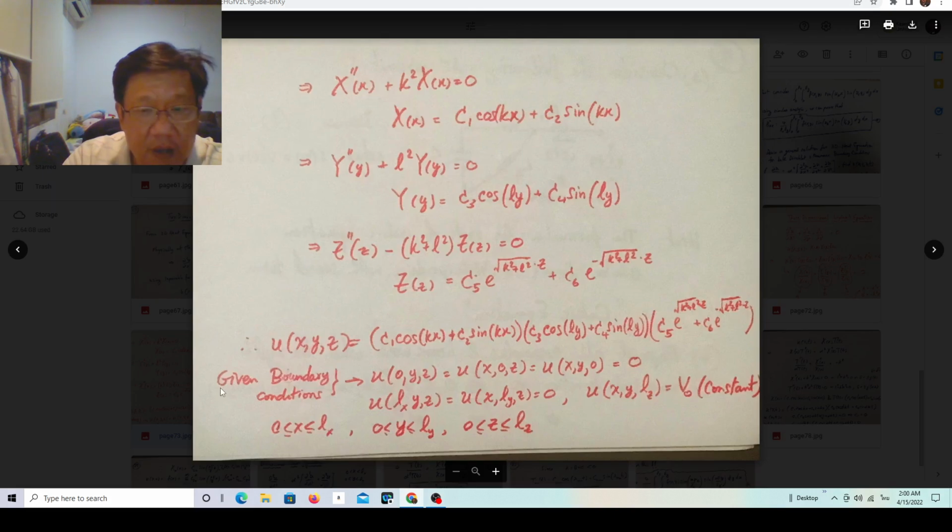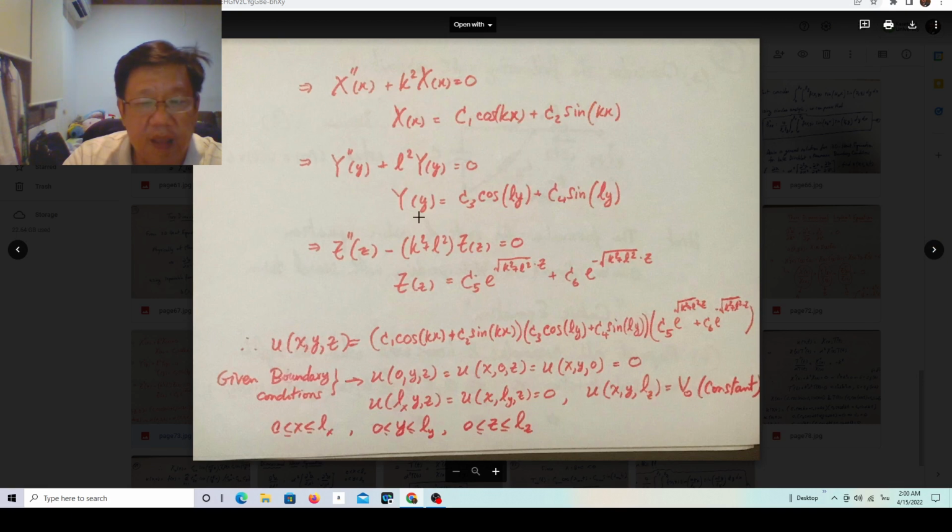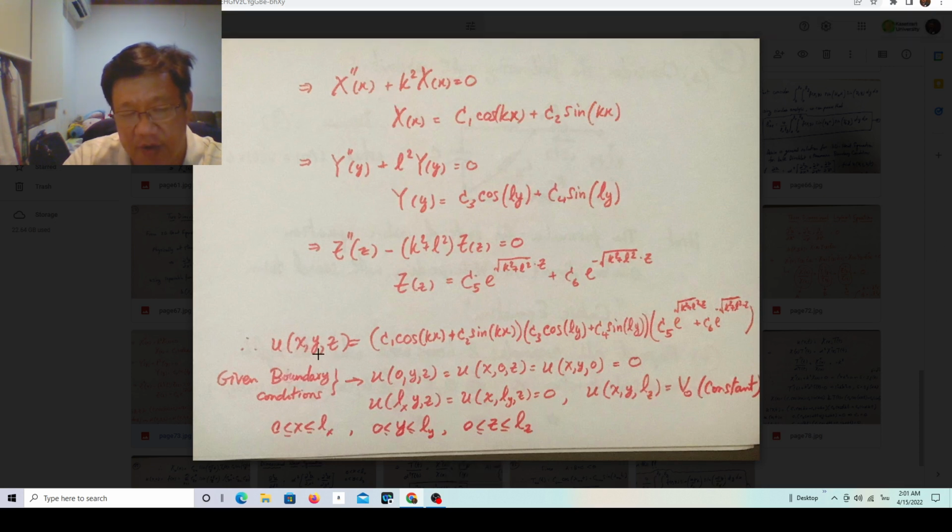We're going to take a look at the different type of form when you make this different assumption of a, b, and c. So with this assumption of capital A, capital B, capital C, resulting in this general function u of x, y, z, the u function corresponding to three domains x, y, and z.